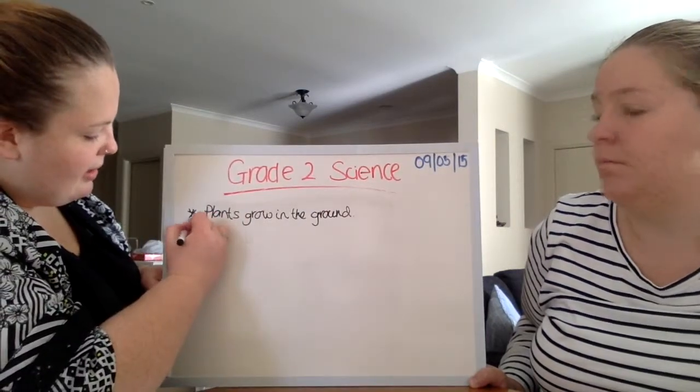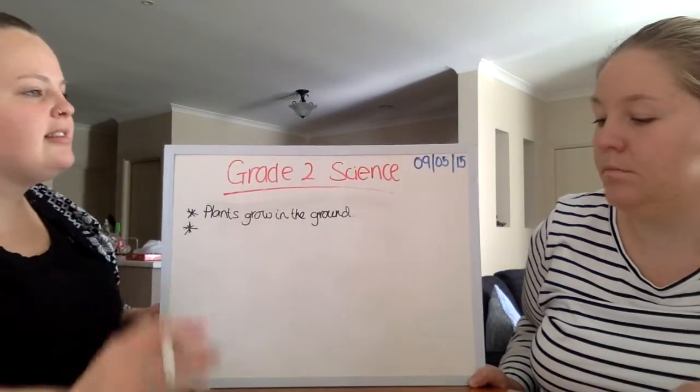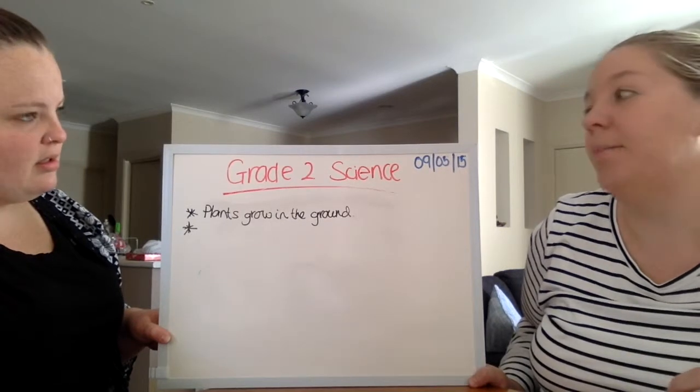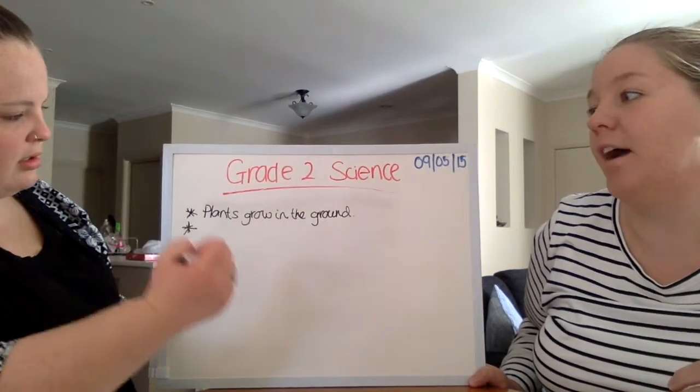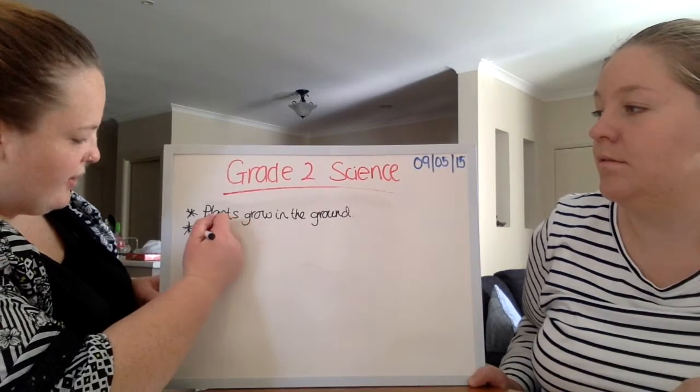Okay. Jonathan, you're sitting really nicely. What did you and Callie talk about? That plants are like trees and flowers. Okay, yeah, that's a good point. Plants are trees and flowers.